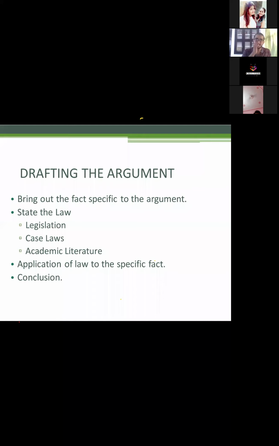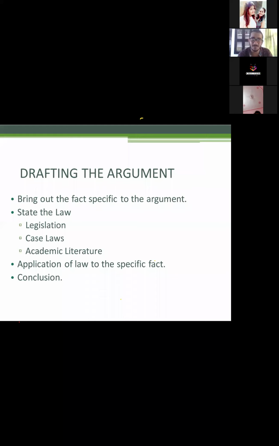That is usually the legislation. The legislation will clearly set out what the law is. But what the legislation sets out cannot give you a comprehensive idea, or cannot answer the specific issue that you have posed. So once you have stated the legislation, the next thing you have to do is, legislation is always ambiguous, and that is where you have the moot problem in your hand.